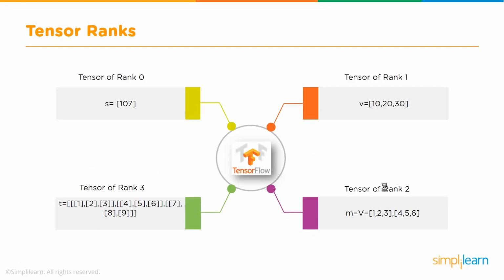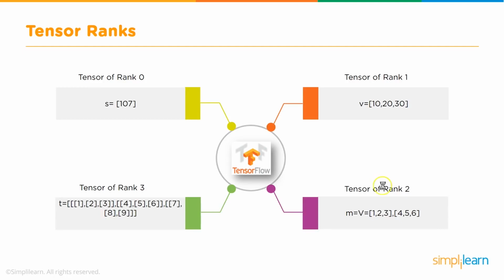There are certain terms, for example, ranks of a tensor. The rank of a tensor is like a dimensionality in a way. So for example, if it is a scalar, just one number, the rank is supposed to be 0, and then it can be a one-dimensional vector, in which case the rank is 1, and then you can have a two-dimensional vector, typically like a matrix.